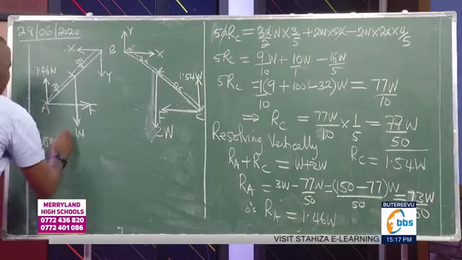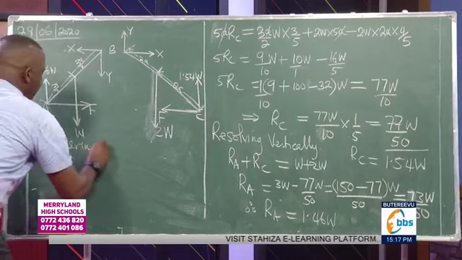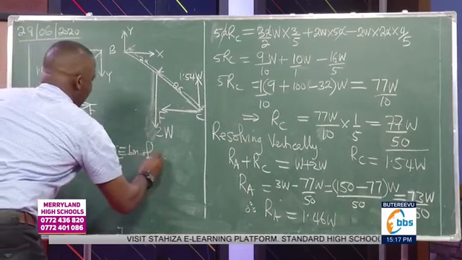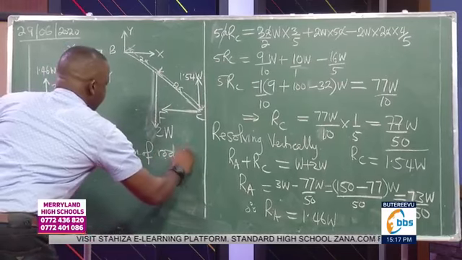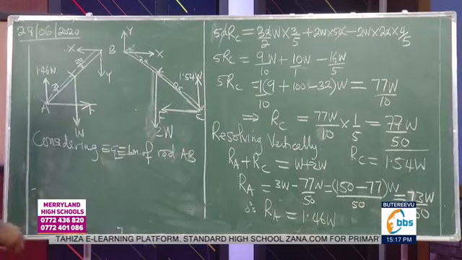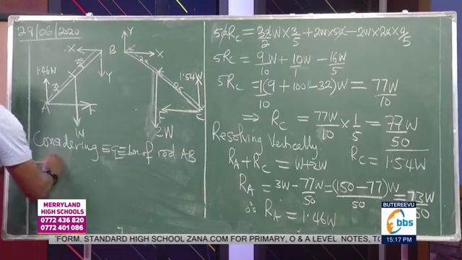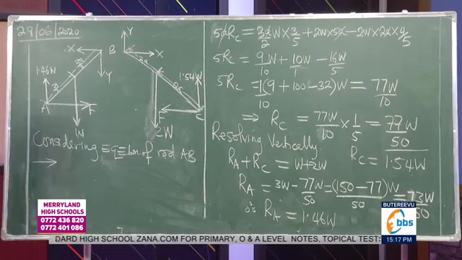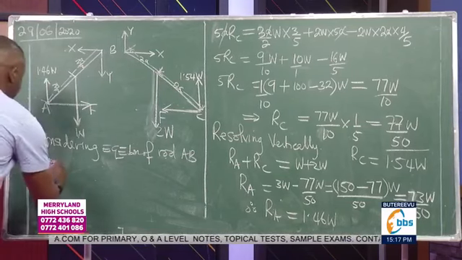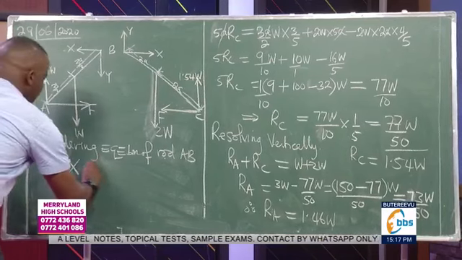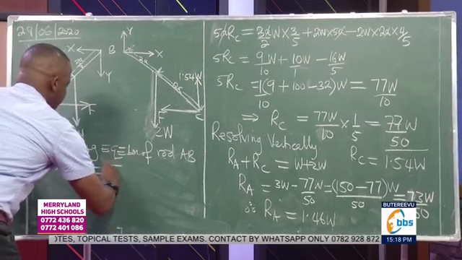Considering equilibrium of rod AB, we shall have, first of all, horizontally. I will use that to refer to resolving horizontally. Resolving horizontally, my X is expected to be equal to F.